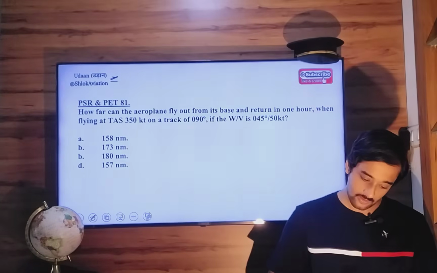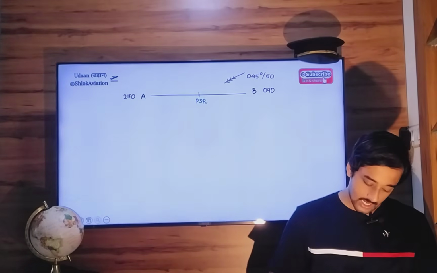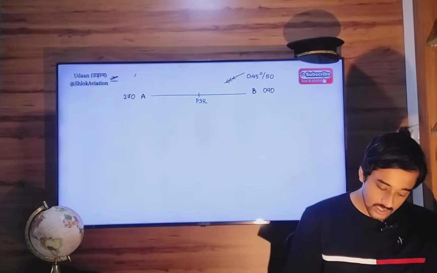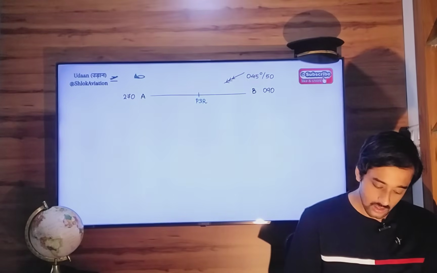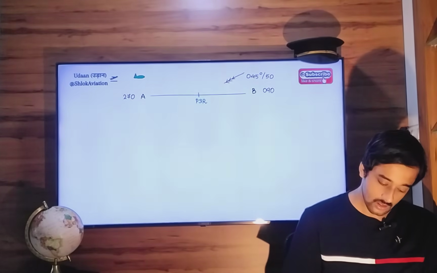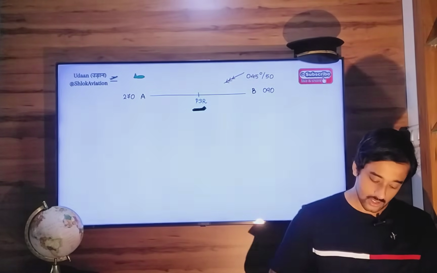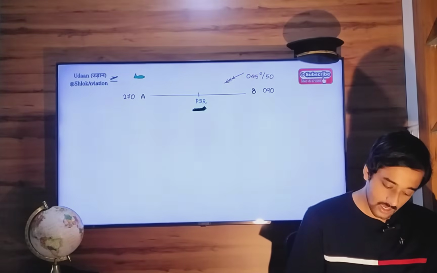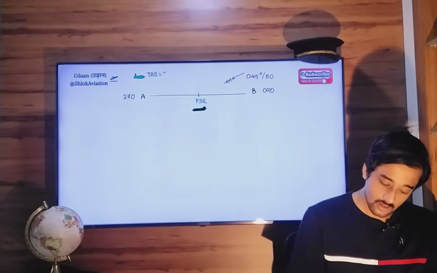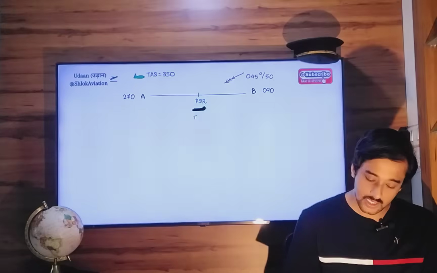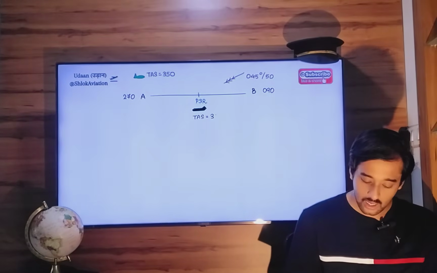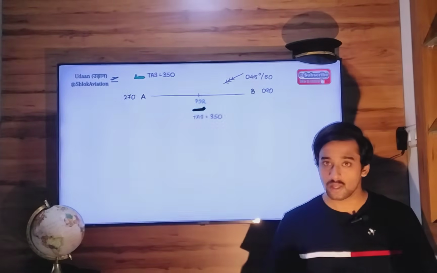TAS is 350. This is your aircraft, and here is the second aircraft. So TAS is 350 in both the cases. Now we will find outbound ground speed and homebound ground speed using CX3.